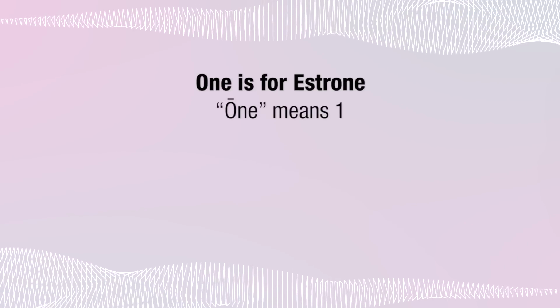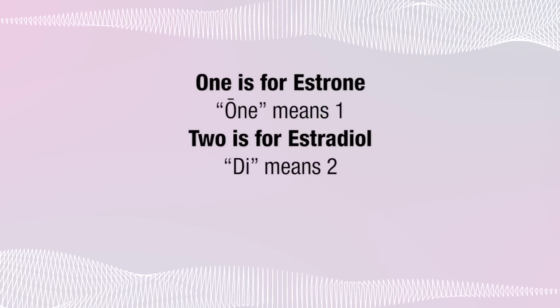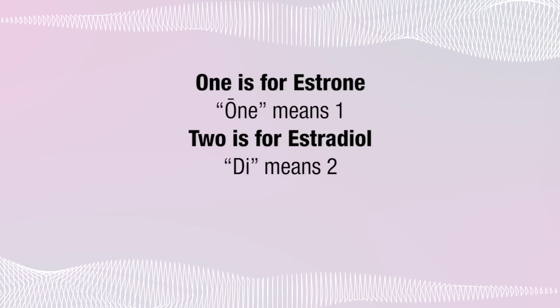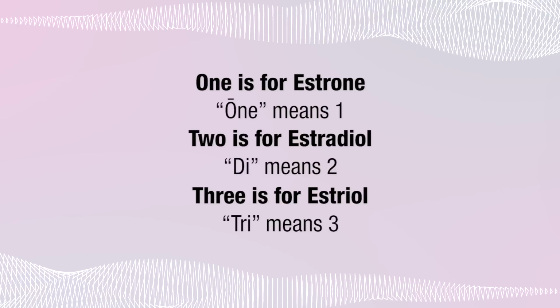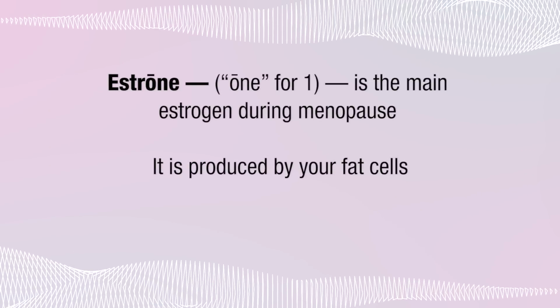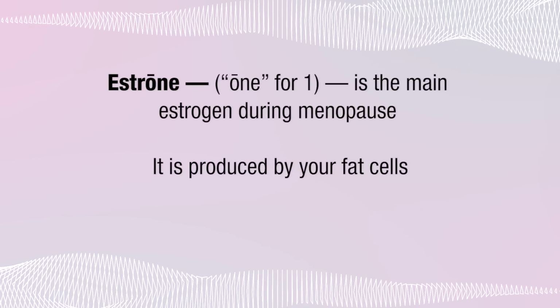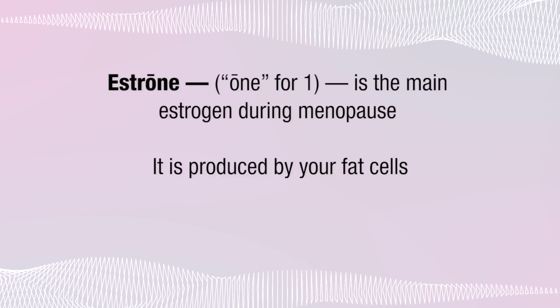Own means 1. 2 is for estradiol. Di means 2. And 3 is for estriol. Tri means 3. So estrone, with the own for 1, is the main estrogen during menopause. And it's produced by your fat cells. So just remember 1 for menopause.